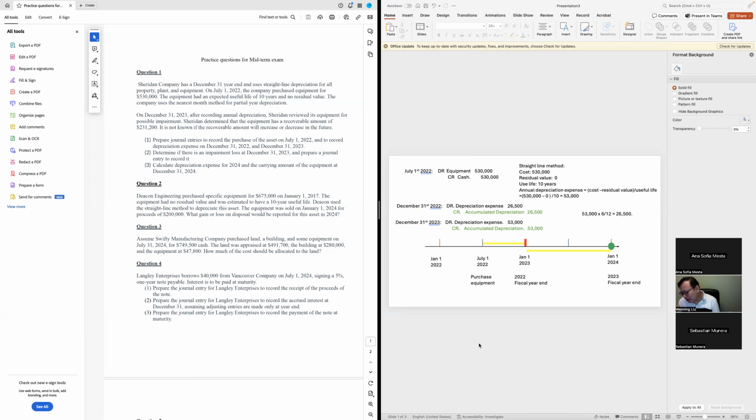Why are they not the same? Because we already have accumulated depreciation. Yeah. So normally every year you have the same amount of depreciation for the straight line method. But why, in this case, will the depreciation expenses for 2024 be different from 2023? What happened in 2023?